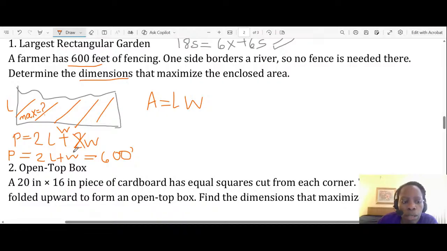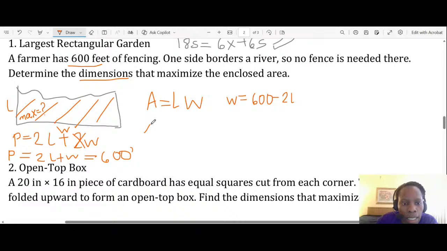So it really doesn't matter which one we solve for. We can solve for L or W, but since W doesn't have a number next to it, let's just go ahead and solve for W by subtracting 2L. So we'll just say that W is equal to 600 minus 2L.